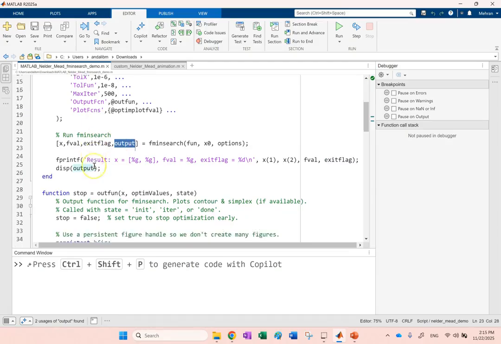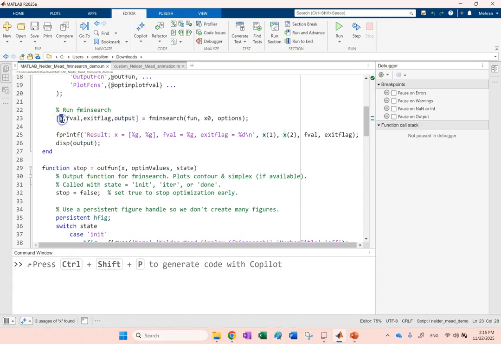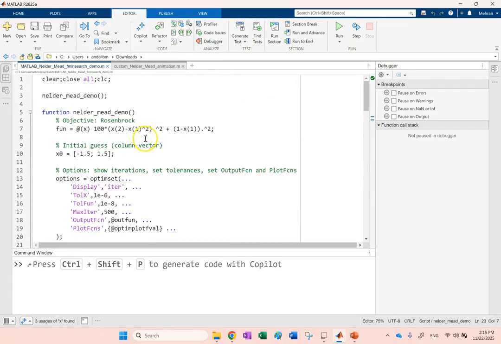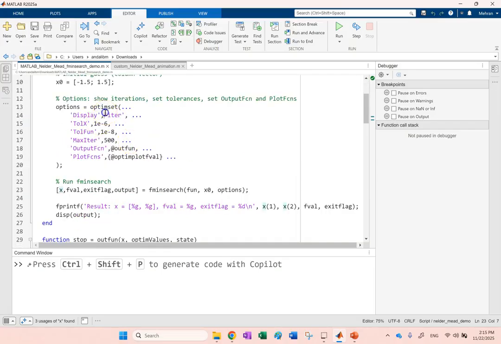And once you get those outputs, not just the very last value, you can also do an animation here. And you see the options I'm using is display iter, so it is going to show on the screen the value at iterations. I'm giving it an absolute tolerance, a tolerance for the function, and a maximum number of iterations.